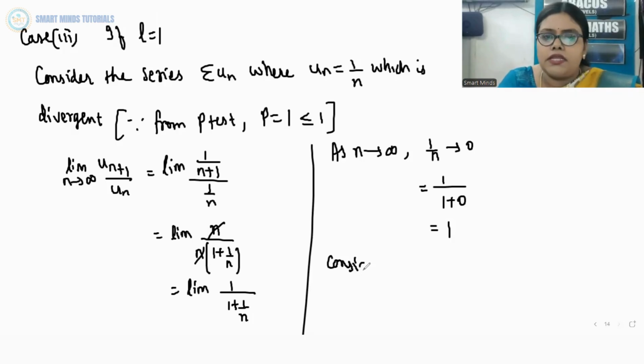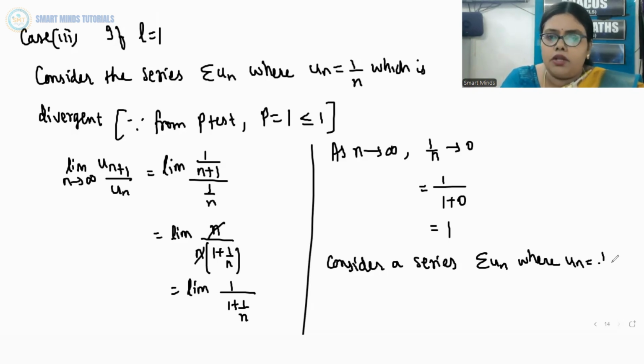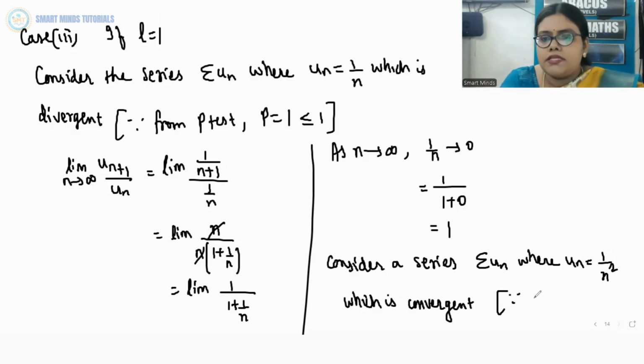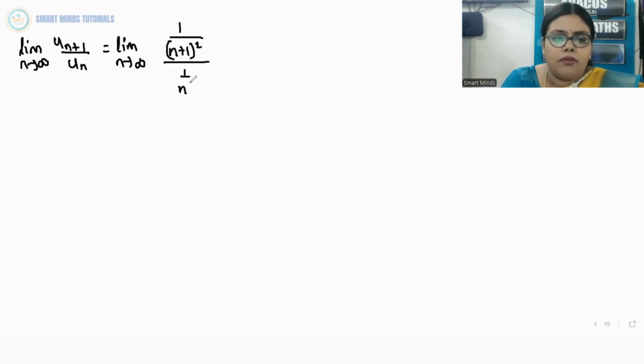Now we consider a series sigma u_n where u_n is equal to 1 by n square, which is convergent. Since from P test, P is equal to 2, which is greater than 1. Now we take limit n tends to infinity u_{n+1} by u_n, that is equal to limit n tends to infinity 1 by n plus 1 whole square by 1 by n square.